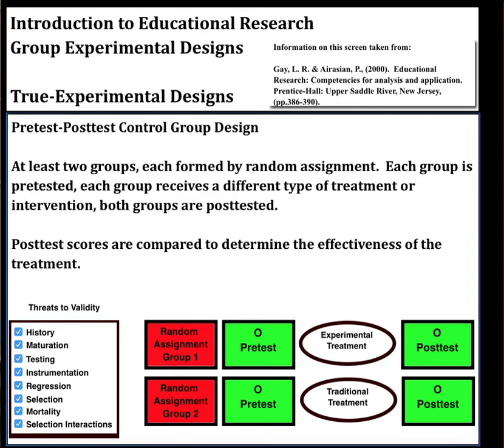If the post-test scores of the experimental group are significantly different than the control group, a case can be made for the intervention that had an effect, since all sources of invalidity were controlled for. This is a very strong design, loved by formal researchers, but a difficult design for teacher researchers to implement in their classrooms.